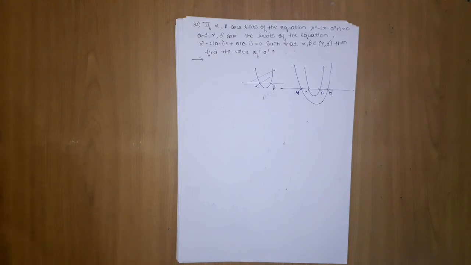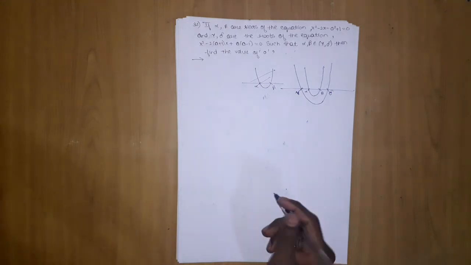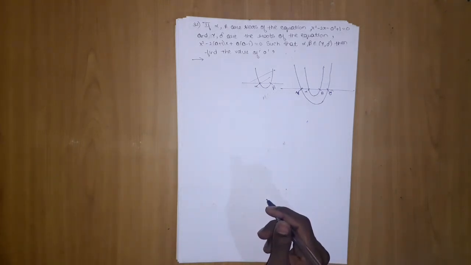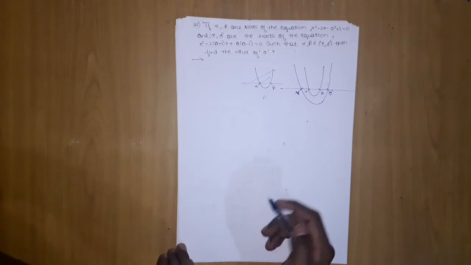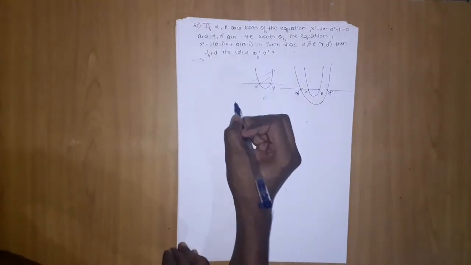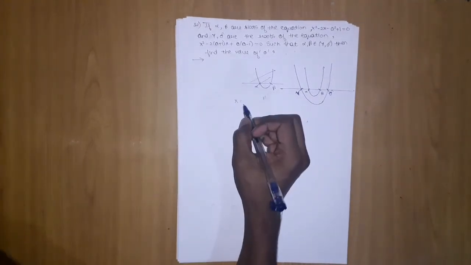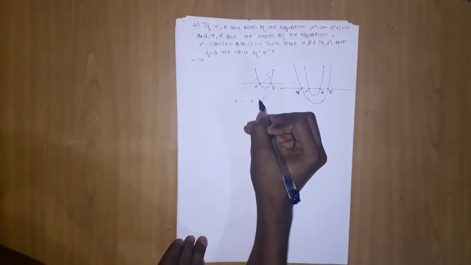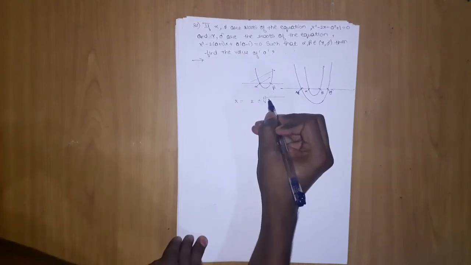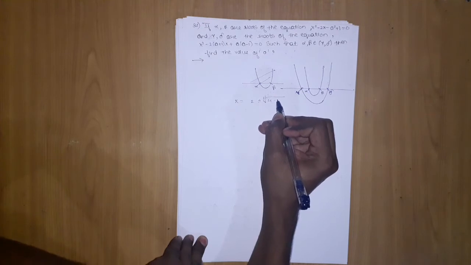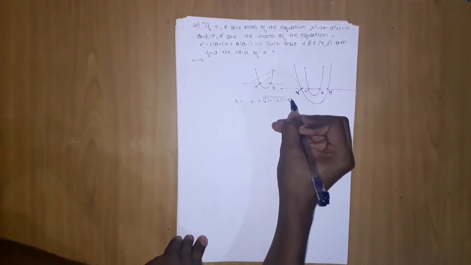Let's find alpha, beta, which we can find by applying the quadratic formula. x is equal to 2 plus minus under root 4 minus 4 into 1 minus a square, right guys?